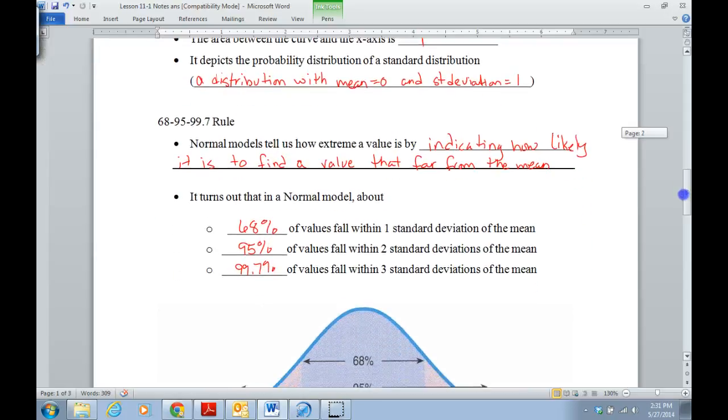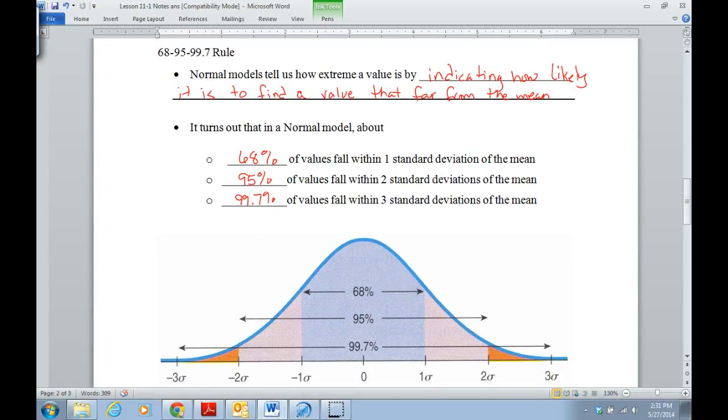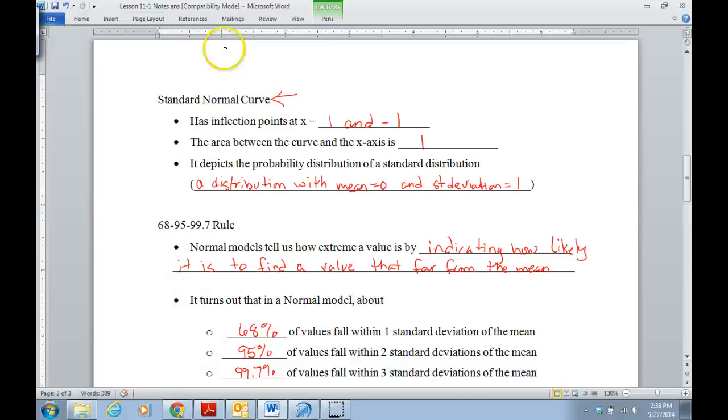Okay, we talked about this way back when we started talking about z-scores in first semester. You guys remember z-scores? Normal models tell us how extreme a value is by indicating how likely it is to find a value that far from the mean.